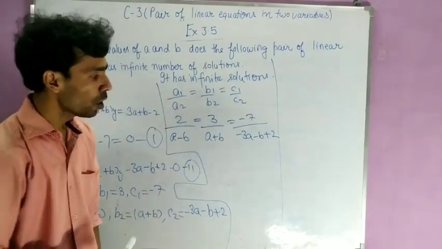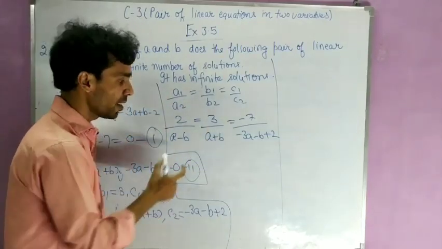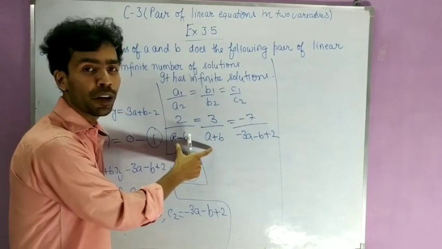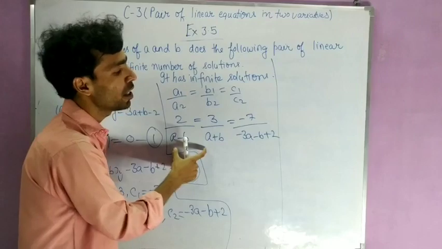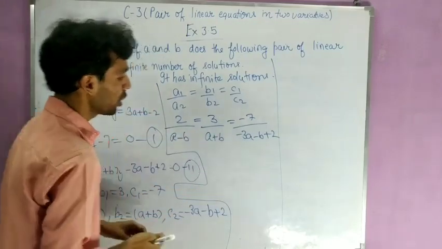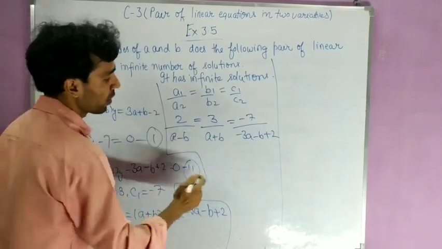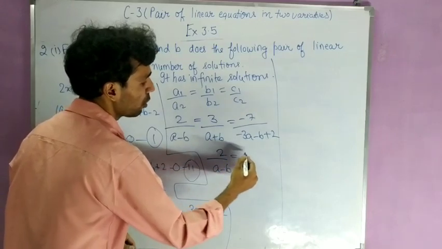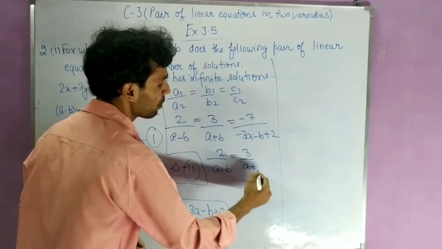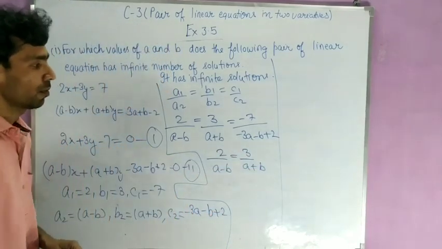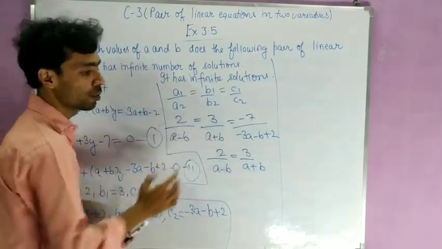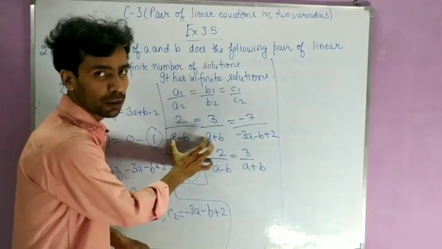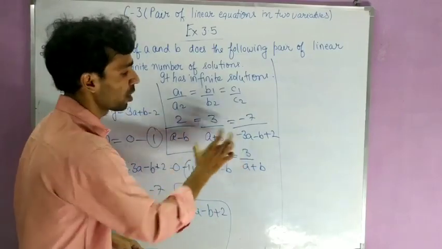So what you do, you will compare the first two, means you will equate these two first and after that you will equate the other two. So first I am equating these two: 2 upon a minus b equal to 3 upon a plus b. First I have equated these two, because there are three ratios equal, so first I take two together, then I will take the other two together.